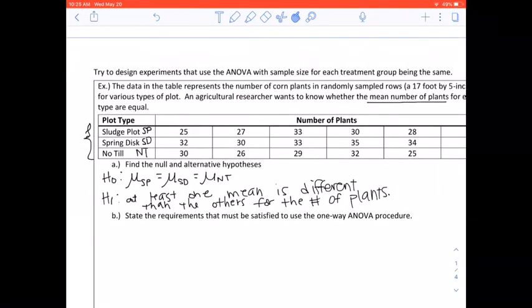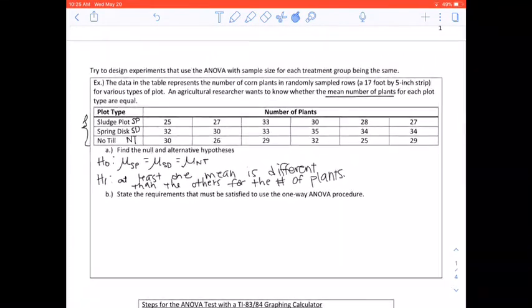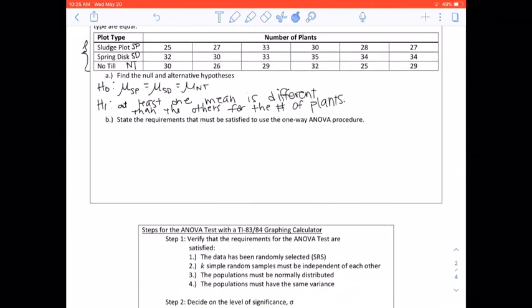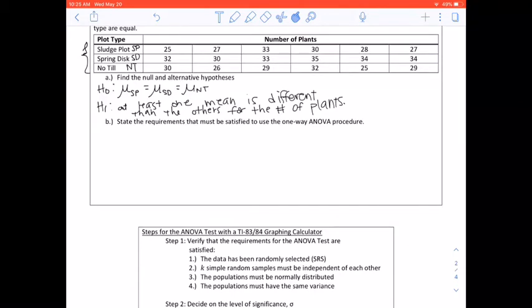So the next thing, part B, says state the requirements that must be satisfied to use the one-way ANOVA procedure. These are all listed on the previous page, and they are all listed down here right below. The first thing is that it has to come from a simple random sample.